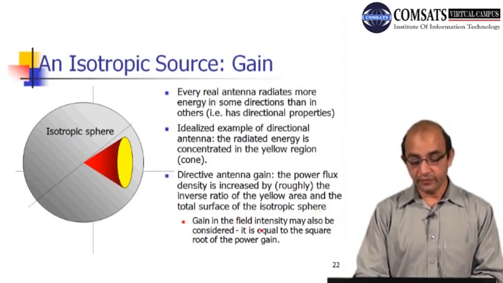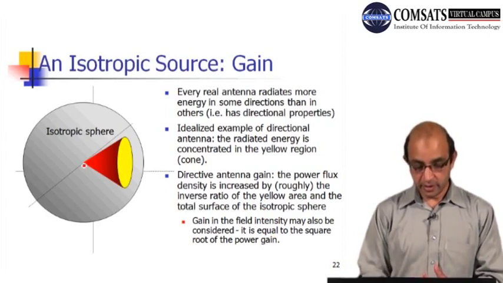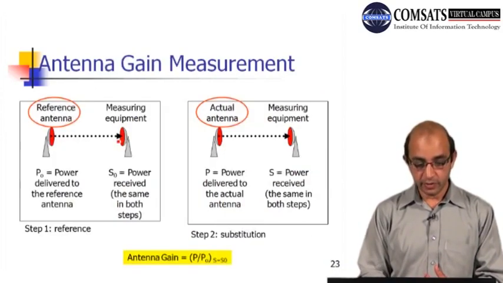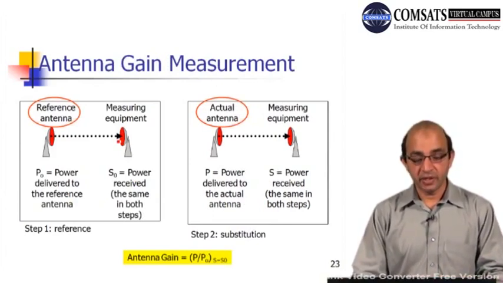Gain in the field intensity may also be considered. It is equal to the square root of the power gain, right? So the conclusion over here is that the radiated energy is concentrated here, in contrast to the isotropic antenna. You can see that the cone.